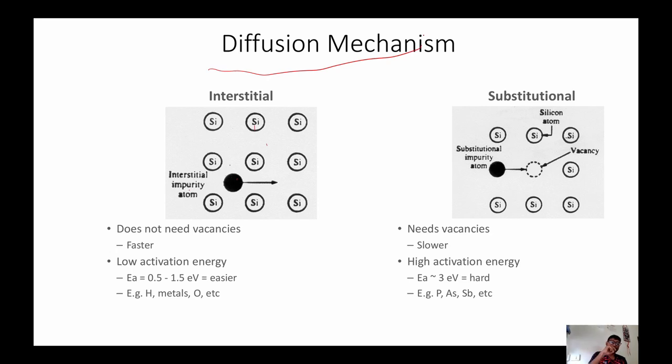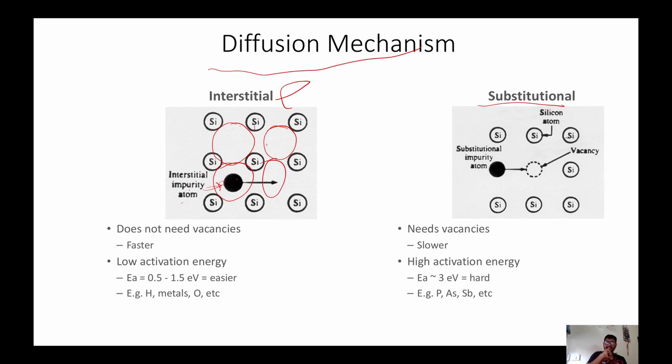There are two things: interstitial diffusion and substitutional diffusion. In interstitial diffusion, the impurity atoms can be oxygen, nitrogen, germanium, aluminium, gold, or any other. They diffuse inside the silicon crystal through interstitial positions, which are the voids inside the crystal lattice.